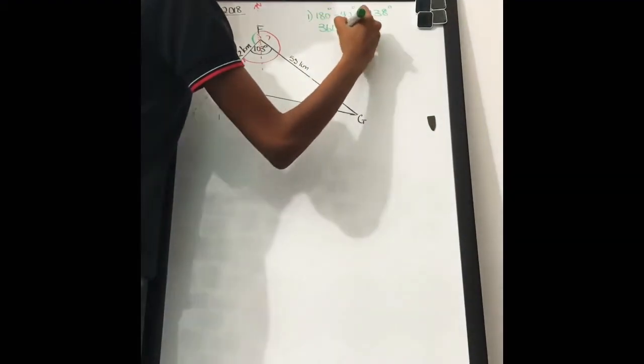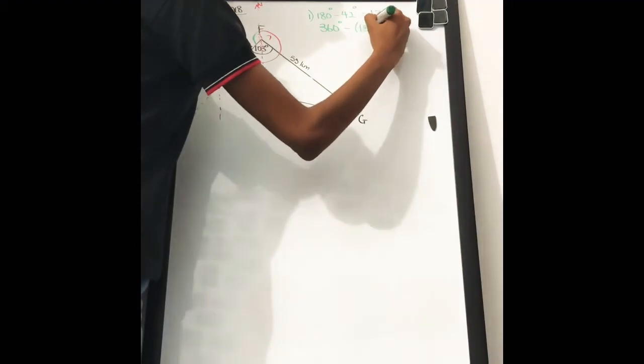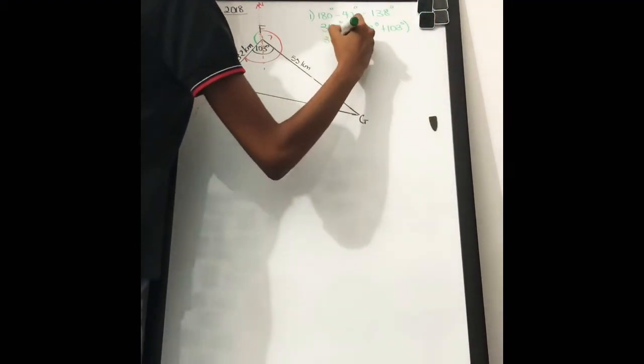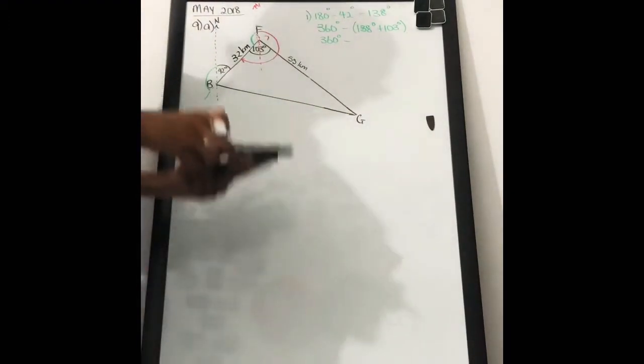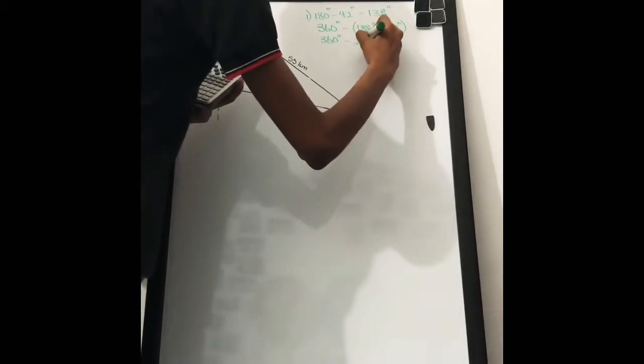So we have 360 minus 138 plus 103. 138 plus 103 is equal to 241.